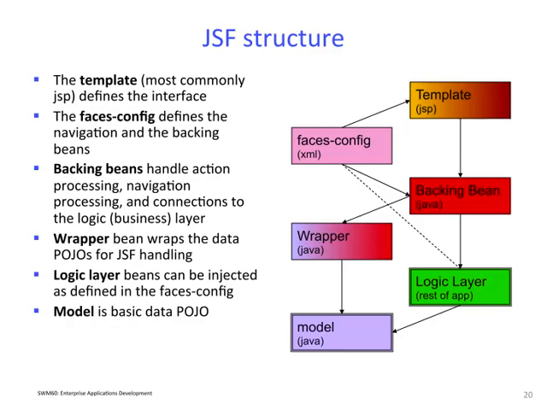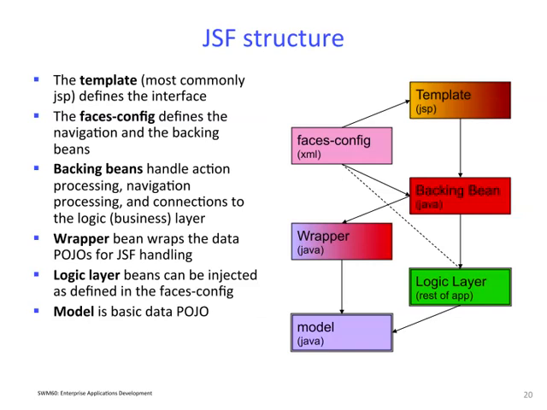So the whole structure of JSF is this. We have a template for our JSF, which is based on Java Server Pages. And we have the configuration file that specifies how these JSFs will be implemented and some other manipulation of the JSF components.